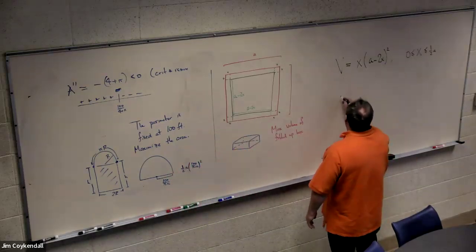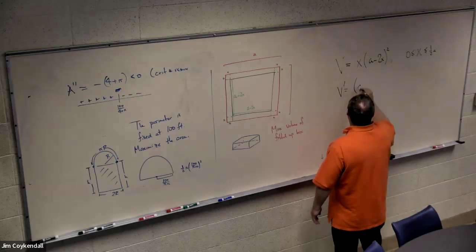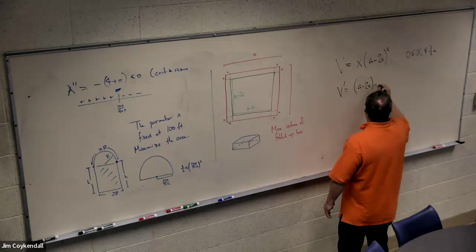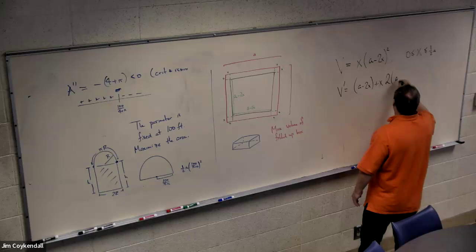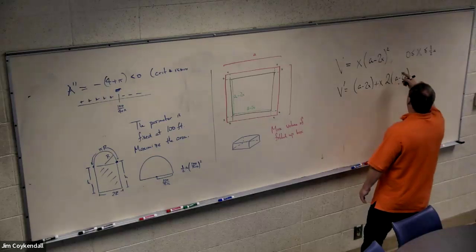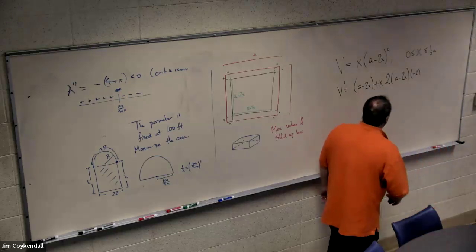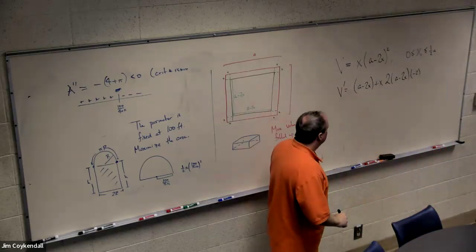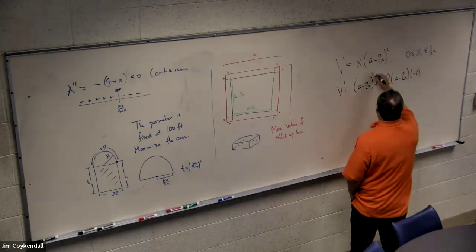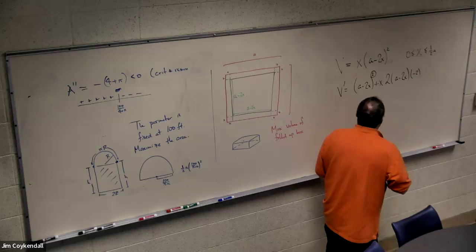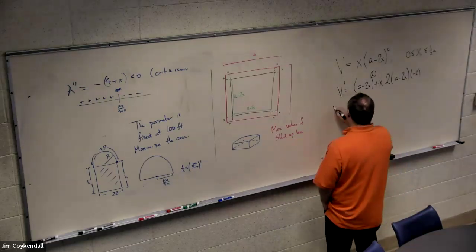So let's take the derivative of this. Derivative of x is 1, times the square, plus x times the derivative of this, which is 2 times A minus 2x to the first power times negative 2. Pull an A minus 2x out.